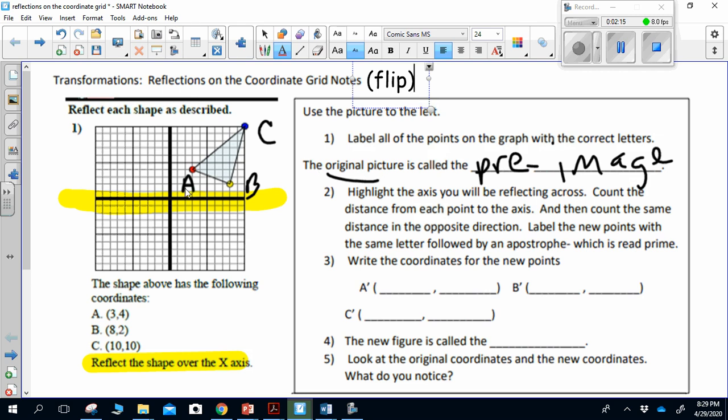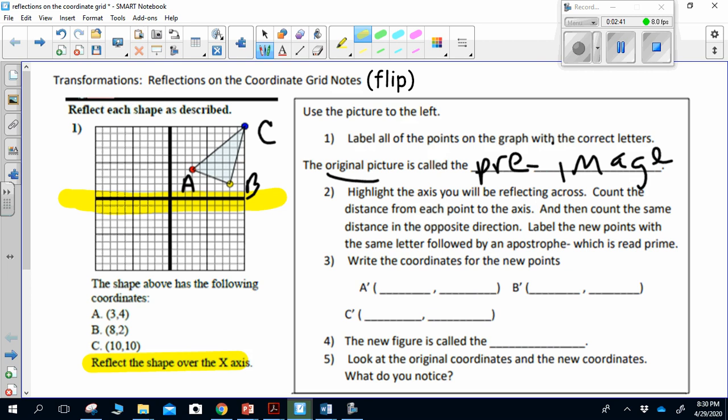All right, so then it says you're going to count the distance from each point to the axis. So if I go here to point A, if I start at my origin, point A is at 3, 4. So that means I'm going to go 3 to the right and 4 up. In my directions, it says count the same distance in the opposite direction. So instead of going 3 to the right and 4 up, I'm going to be going 3 to the right and 4 down. And that's where my new point is going to go.